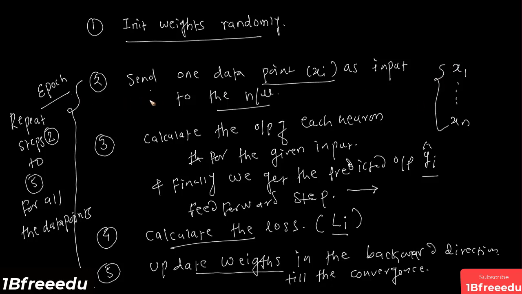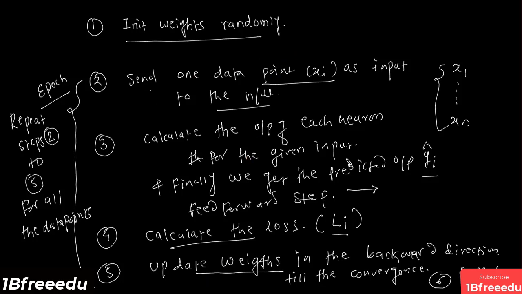Send x1 and do this, then send x2 do this, send x3 do this. So when we send all the data points and repeat these steps for all of them, this is called one epoch. Then finally step 6 is repeat epochs. So this is the backpropagation algorithm, right?